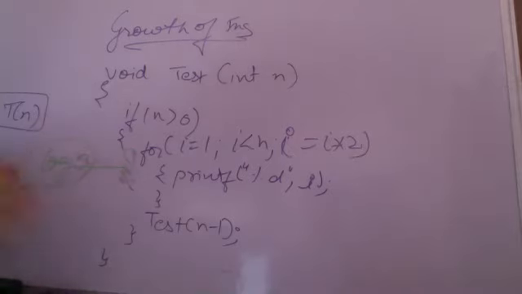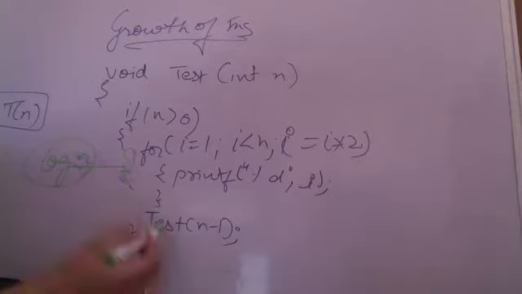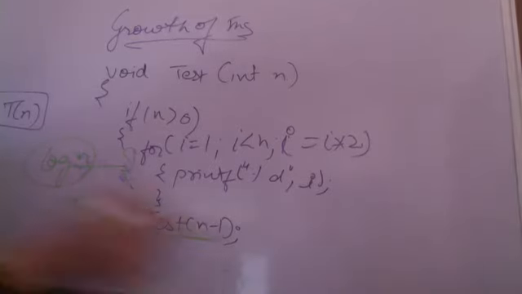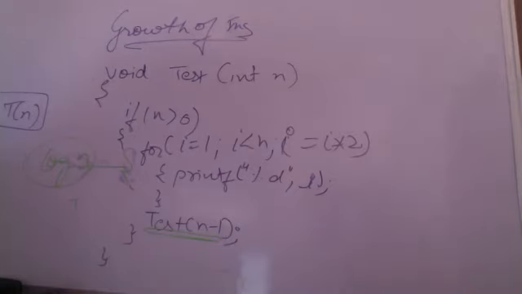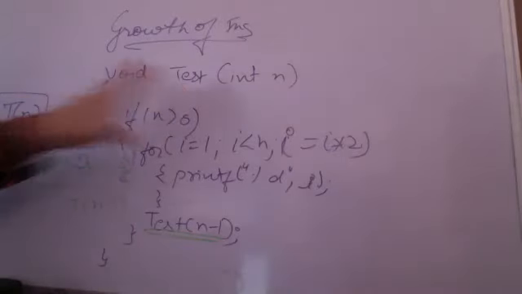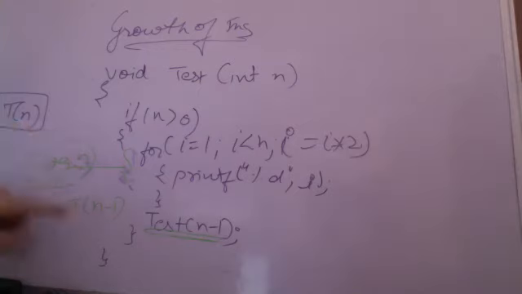Okay. So if this loop is running for log n time, and here I am going to call this recursively, how much time is this statement going to take? It is going to take T of n minus 1 time. Since the same function is going to be called for an input n minus 1, whatever time is taken by the function test for n input, the same function will be there for calculating the time.